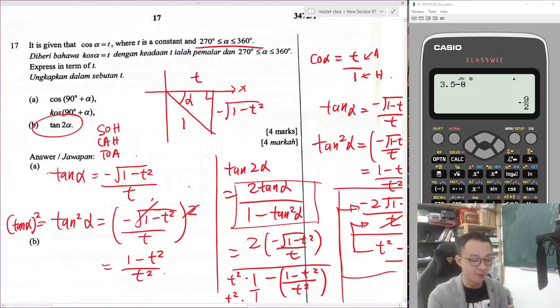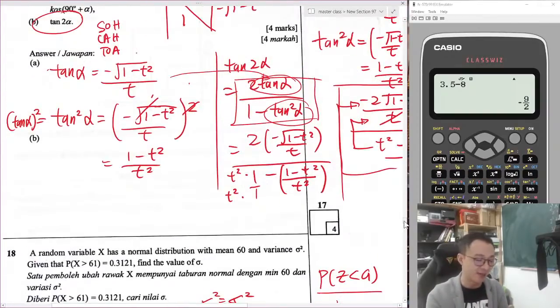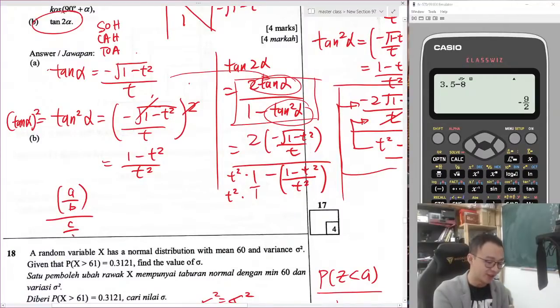So after you got both of these, for tangent alpha, you sub into the tangent alpha. For tangent square alpha, you sub into tangent square alpha. And then you need to solve the fraction. Okay, this one you kind of need to solve yourself, but I can tell you it's a over b over c over d. Yeah, there's few ways. One way is I know c need to multiply b, d need to multiply a.